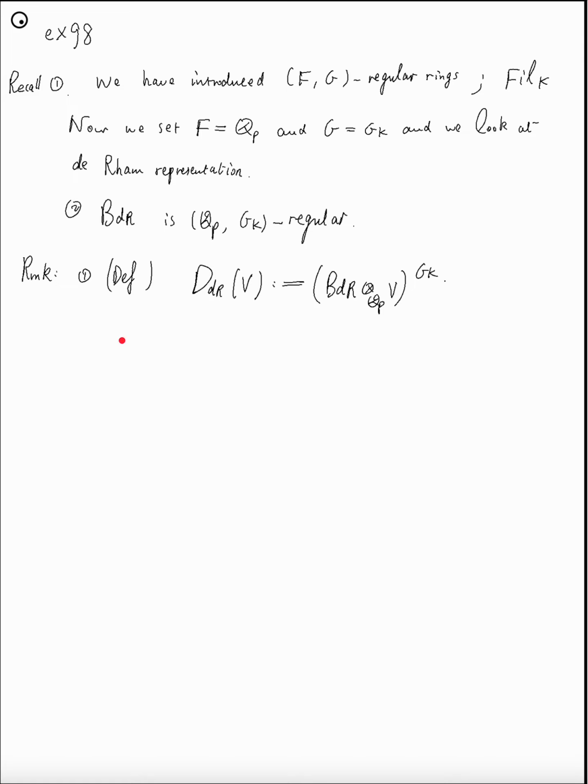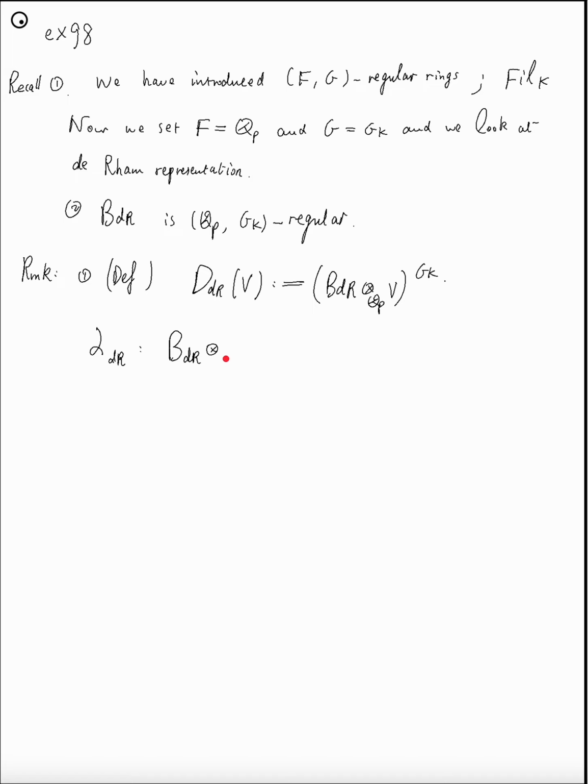By what we have discussed in general in the last exercise, there is an alpha way. Let's call it alpha_dR here, just to be able to read the information of which period ring we are working over from the index.